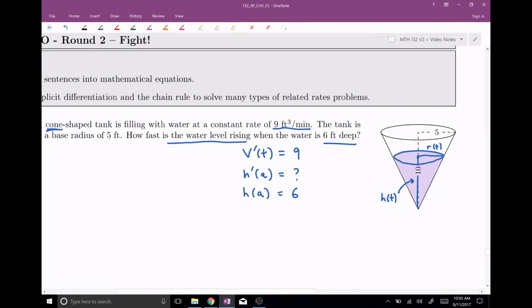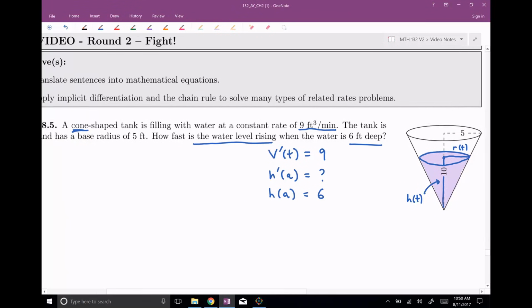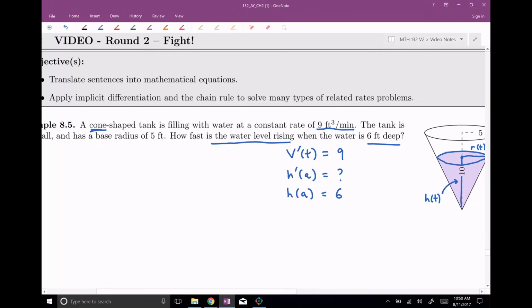So I need a way to relate volume and height, in particular for a cone. So I'm going to use my volume of a cone equation. This is going to be volume, V of t, is equal to, and if you skim back to the first page of notes that we have on 2.8, you have a statement like the volume of a cone is equal to h over 3, so that's height over 3, times the area of the base.